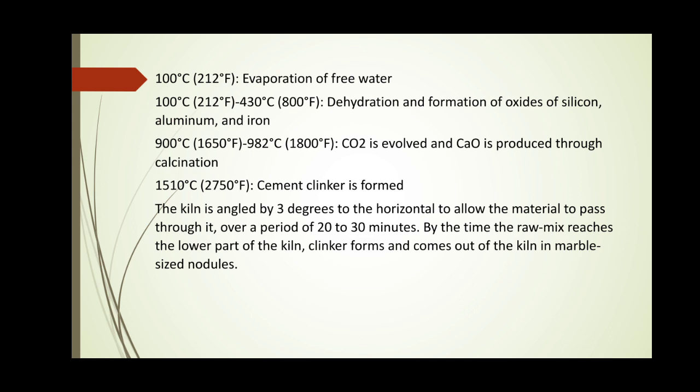Therefore, we have to do precisely the heating and evaporation of moisture content in the raw material also, since moisture is very bad for the strength of cement. If moisture gets absorbed in the cement content and raw material, it is harmful for the strength of cement.